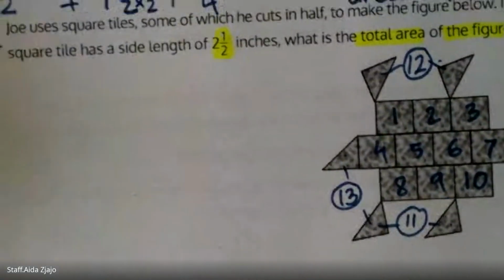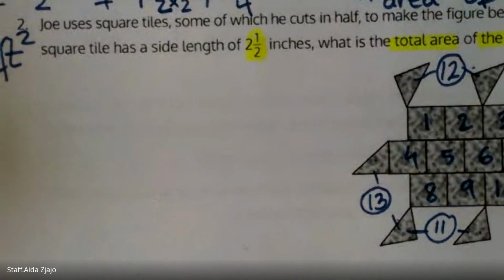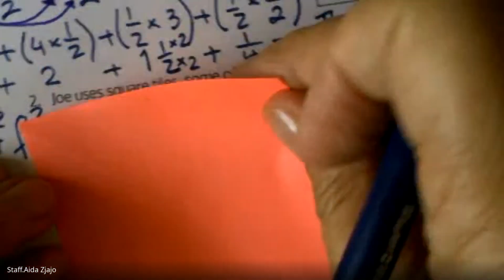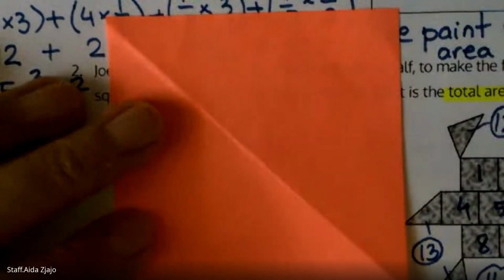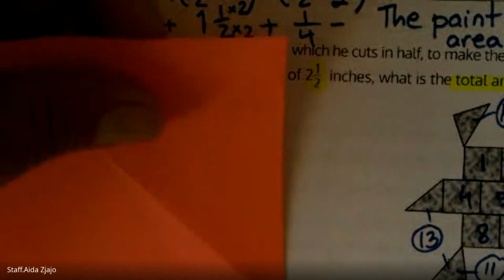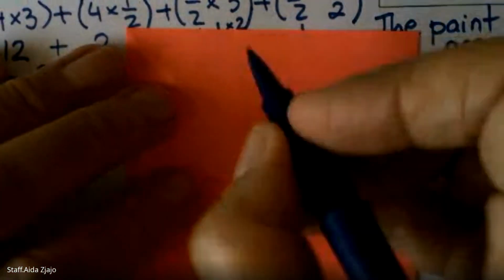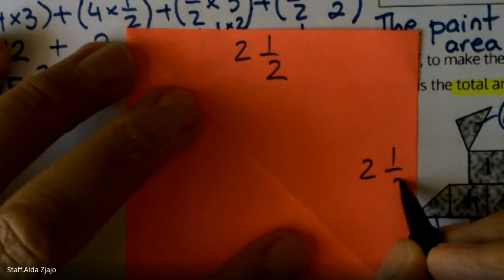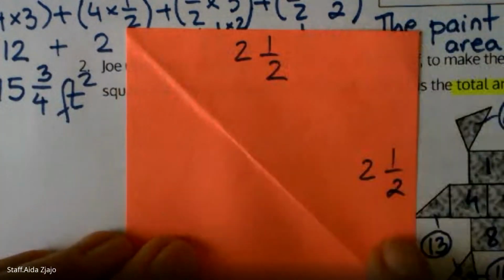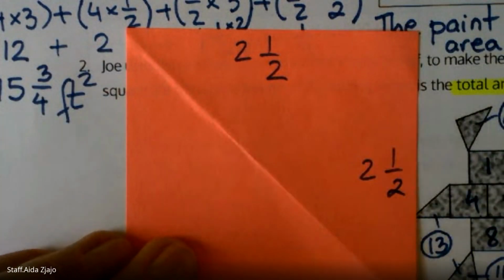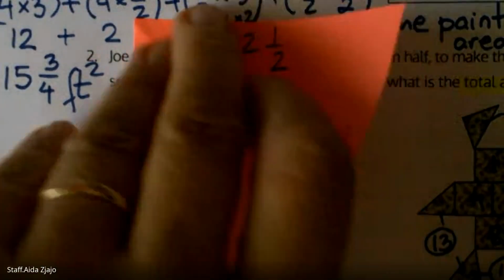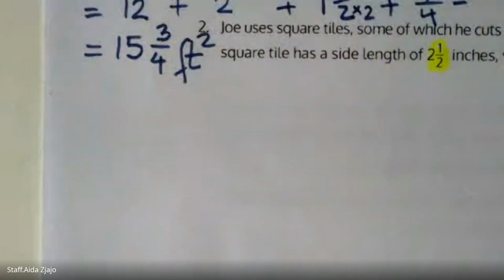Now, when we know this, we can find the area of 1. If this is a square, they said it's two and a half, so it would be 2.5 times 2.5. So 2.5 by 2.5 will give me the area of this. I'm going to do it on paper so you can see.